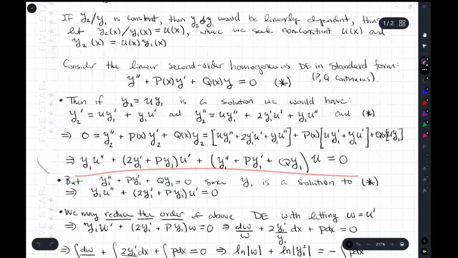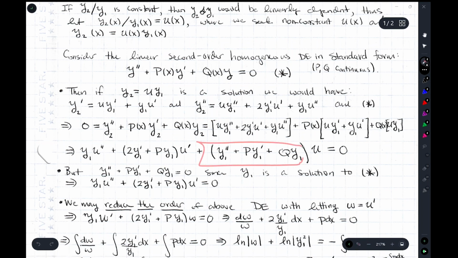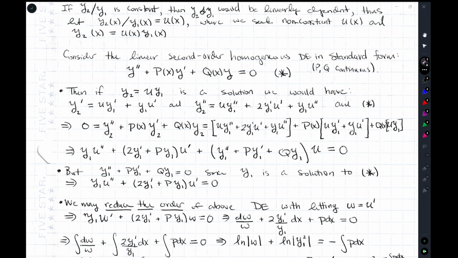And we simplify, we gather terms based on u, the derivatives of u. So this term has u double prime, u prime, and u. And notice something about the coefficient of u. It has the same form as above here. So we know that this coefficient is 0 by virtue of y1 being a solution of the differential equation in asterisk.